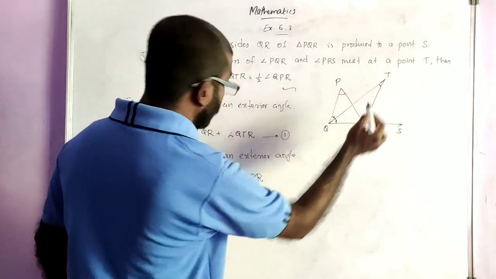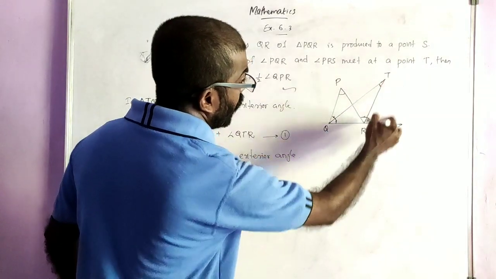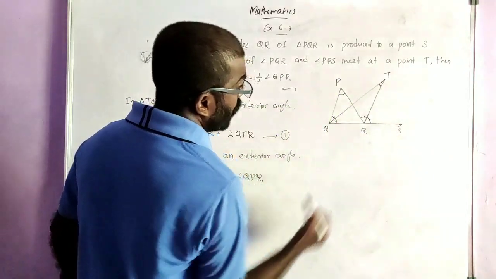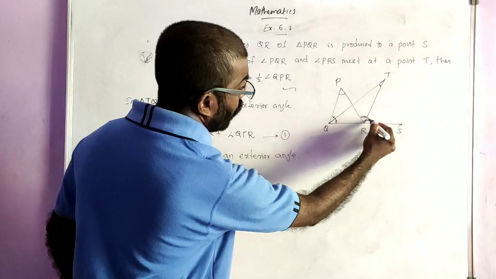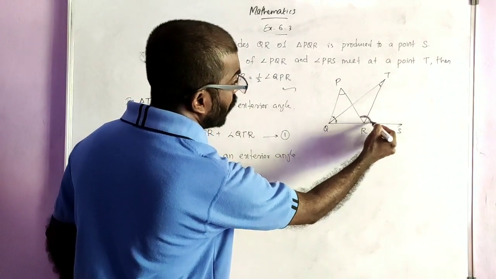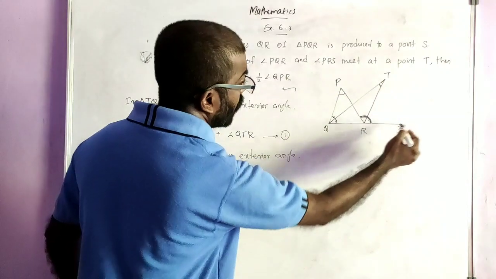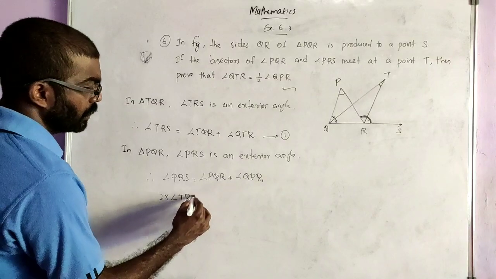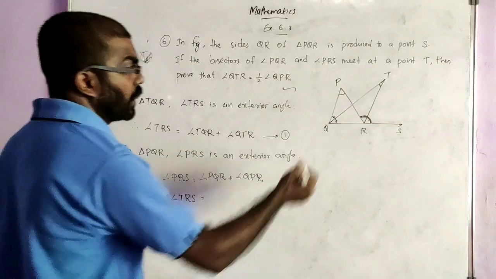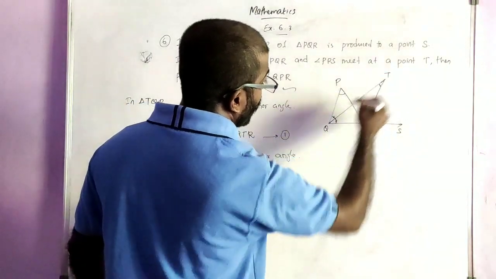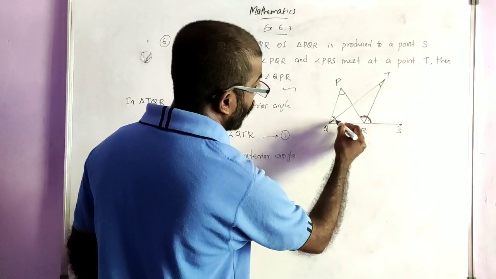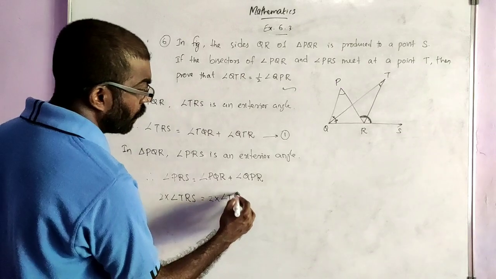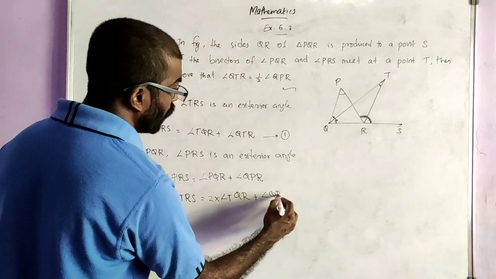And here TR is the angle bisector of angle PRS. So angles PRT and TRS are equal, or we can say the whole angle is double of either one. So we can write 2 times angle TRS, which is equal to, similarly, QT is the bisector, so PQR is double this one, TQR. So 2 times angle TQR, then plus angle QPR.